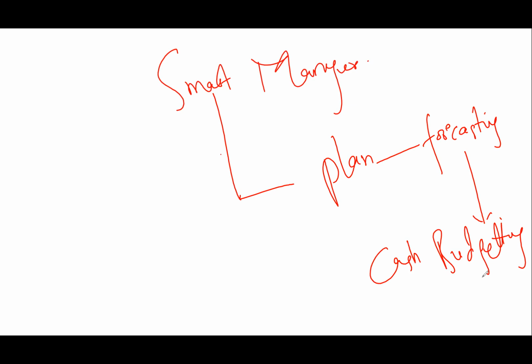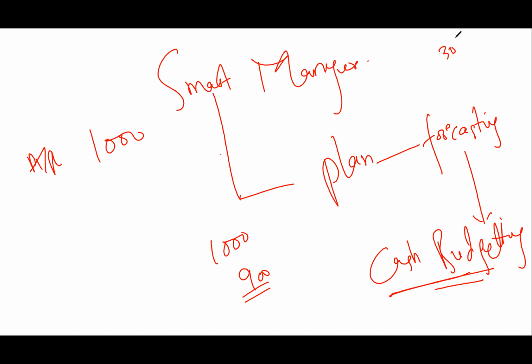If you're not a smart manager, you write down that cash is going to be collected in 30 days, 1,000 from customers. And when the 30 days pass, what happened? You only receive 900. So your planning is disturbed. When your planning is disturbed, maybe you have to apply for credit from the bank, because you had said that after 30 days you were going to have a surplus, so you didn't apply for a bank loan.